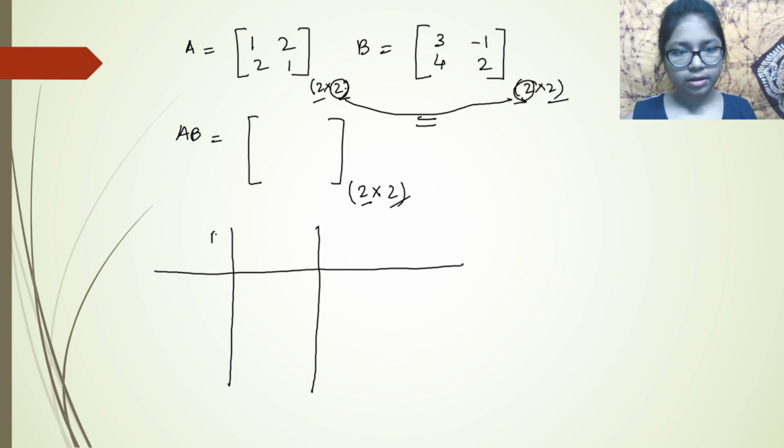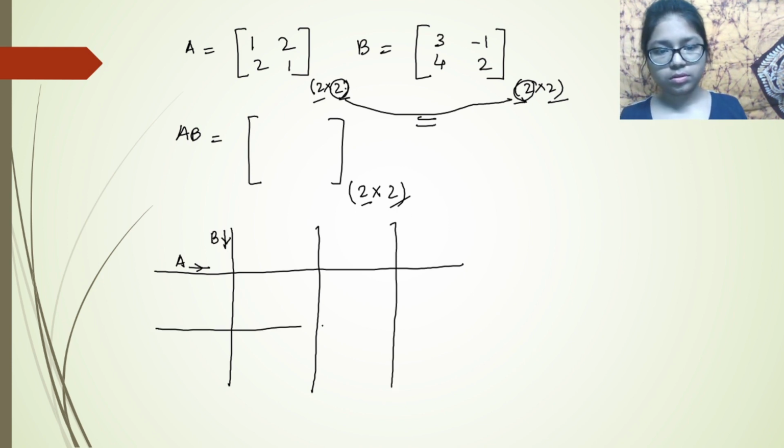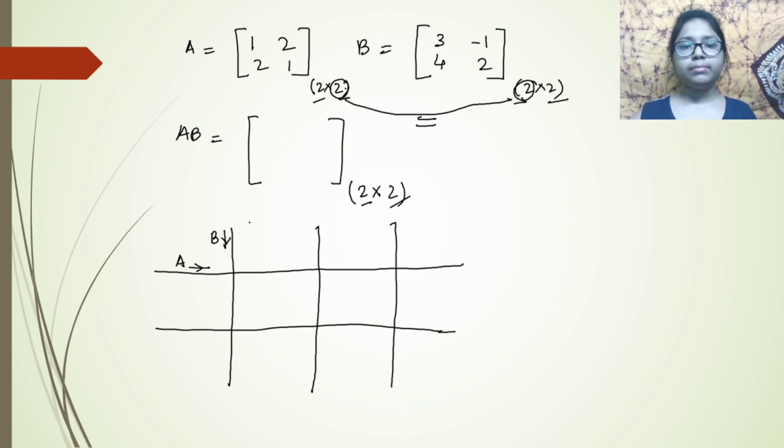Here it will have the columns of B, and here it will have the rows of A. The column elements of the first column of B are 3 and 4, so write 3, comma, 4.